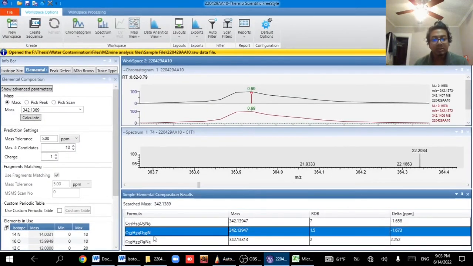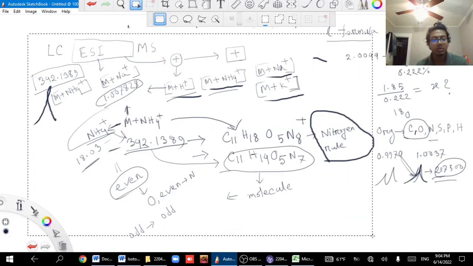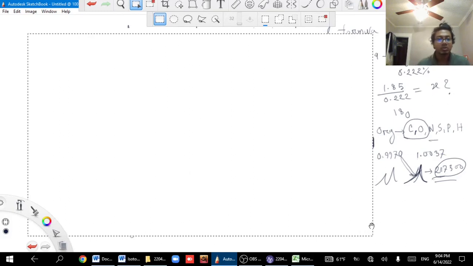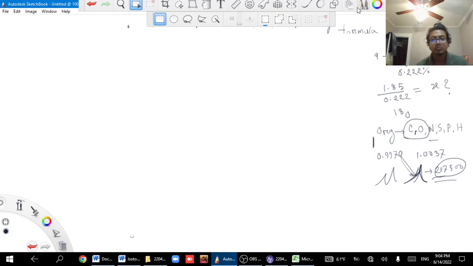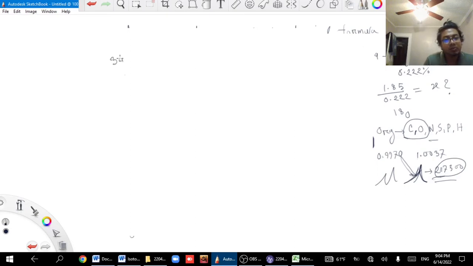But this is not the M plus H peak, right? This is the M plus NH4 peak, right? So you need to subtract that 18.03, and there is a trick way. 342.1389, this is our specific m/z value, right?